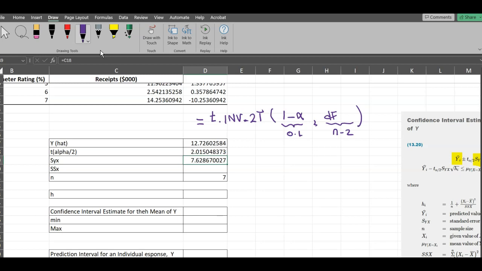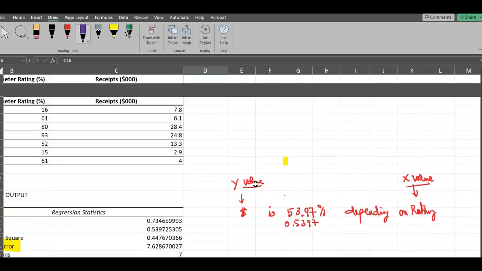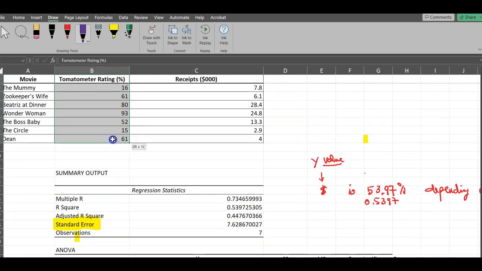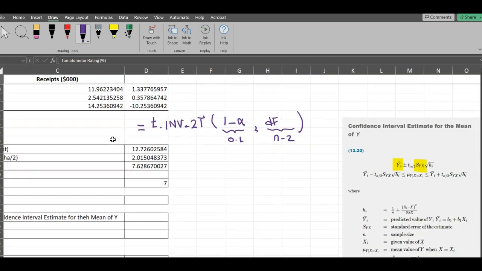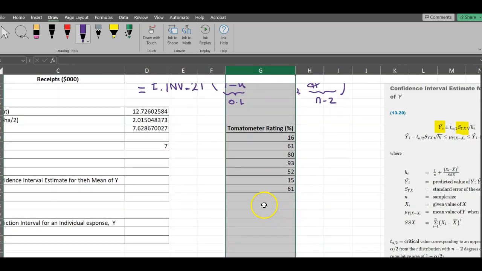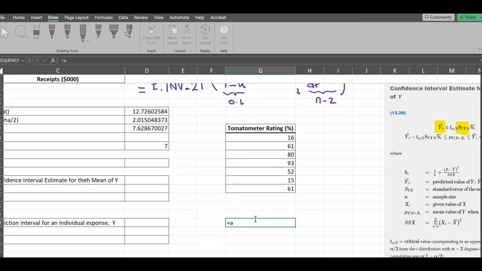Okay. So having said that, let's calculate the SSX. So the SSX will require the X values. Once you get the X values, you're going to look for the average. Equal sign, average.